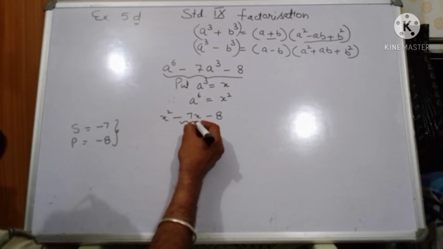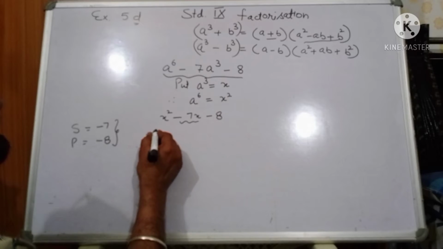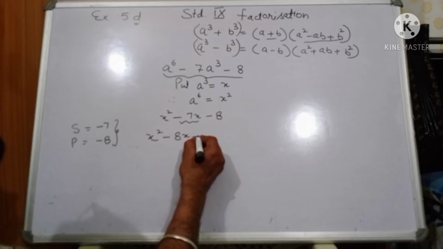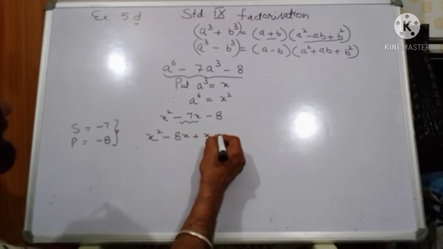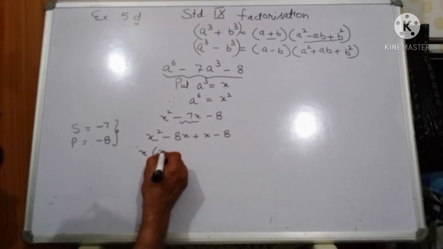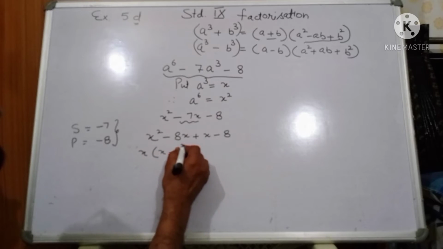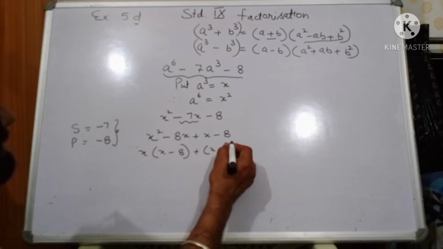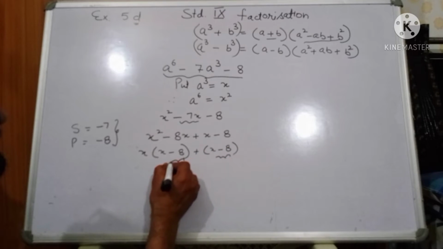We will split the middle term. X square minus 8x plus 1x minus 8. X we will write common. What is left? X minus 8 plus x minus 8. Now we will take x minus 8 common.